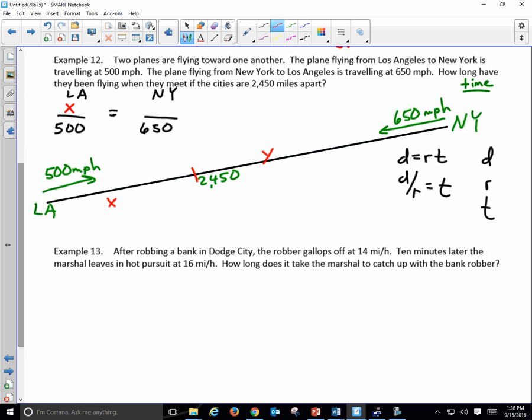What's an expression that relates x and y together? x plus y is equal to what? 2,450. So therefore, y is what?